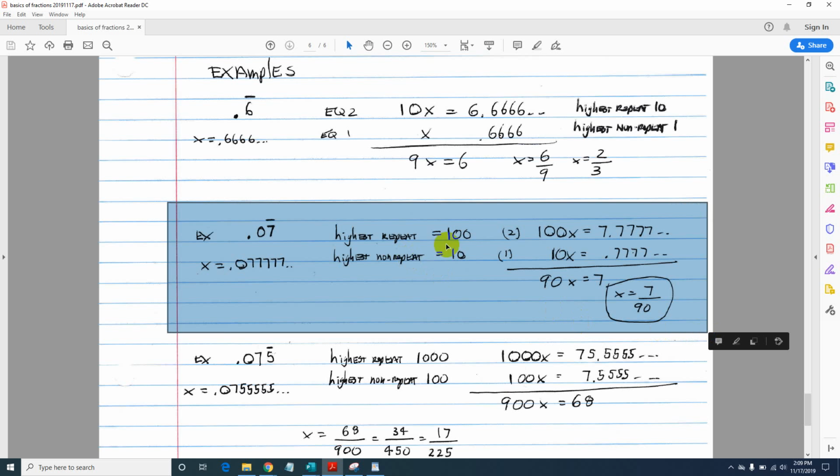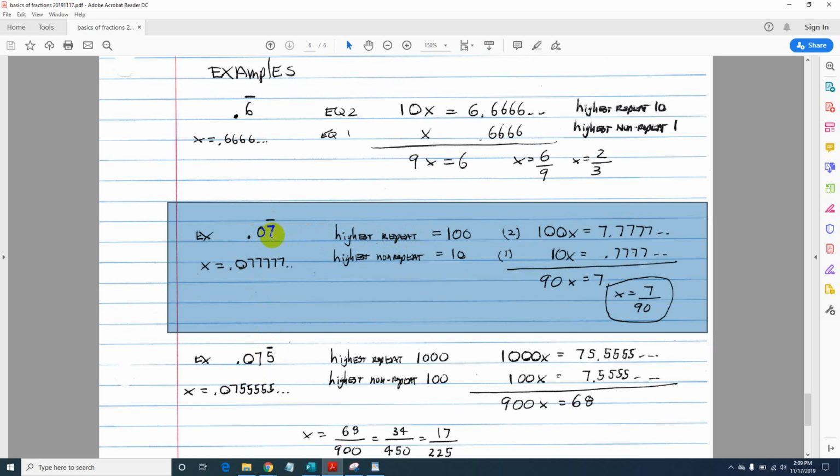As I said before, how do you know what to multiply x by for equation 2 and equation 1? For equation 2, the bigger number, you multiply x by a power of 10 related to the highest repeating decimal place. Here it's the hundredths place. This is the tenths place, this is the hundredths place, this is the thousandths place. So you ask yourself, what is the highest place that's repeating?